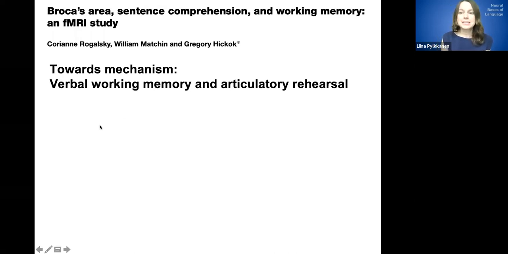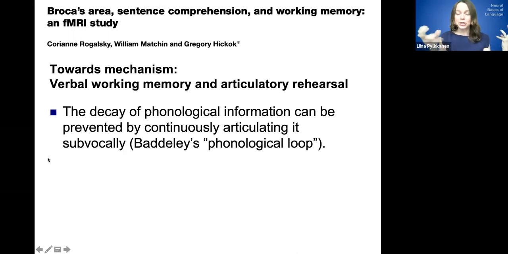And the hypothesis is that you can keep something in mind in your verbal working memory by subvocally rehearsing that material. So for example, if I want to keep in mind the cat while I'm processing some other material, so I'm comprehending and I try to keep something upstream in the expression in mind, I'm actually sort of saying the cat to myself. And then when I need it, I'm able to access it very easily.